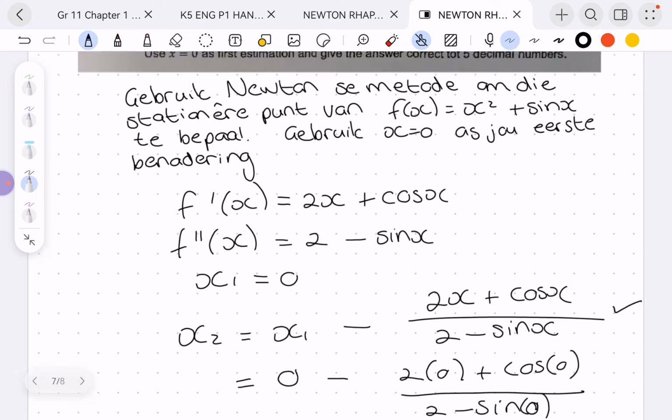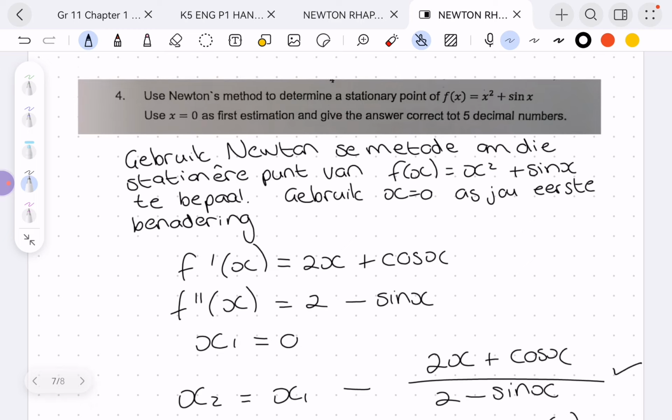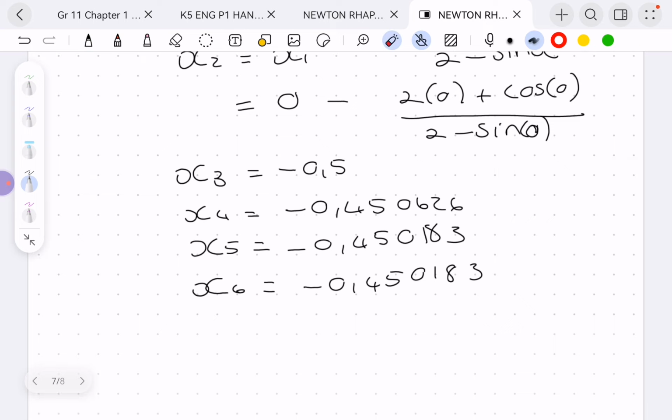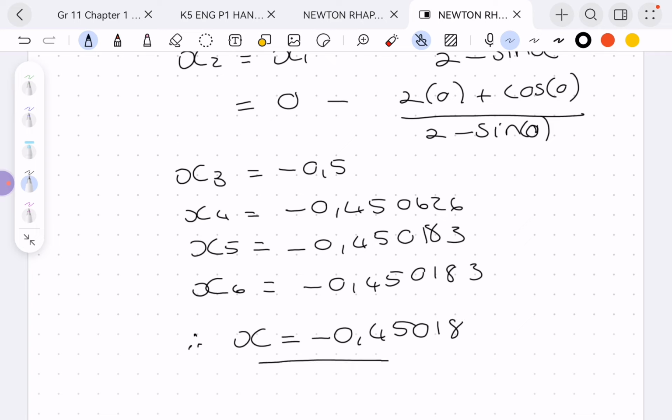And since we're going up to 5 decimal places, let's see, that's the first 6 repeat, 1, 2, 3, 4, 5, 6. Great, the sixth one is starting to repeat itself, so I can now confidently say that x is equal to negative 0.45018. And there is my answer.